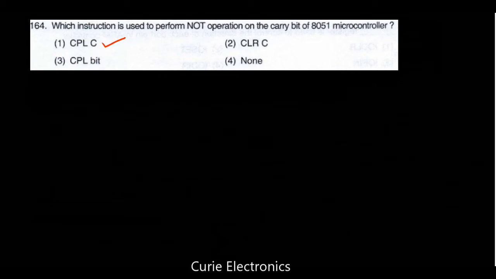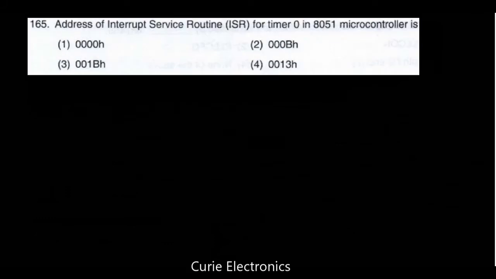Next is 165. The interrupt service routine ISR for timer 0 in 8051 microcontroller is at the vector address 000BH.